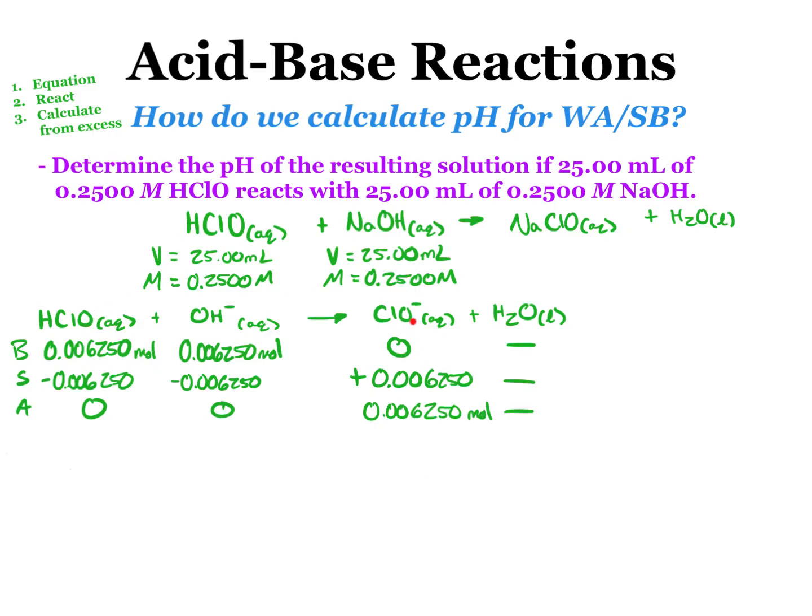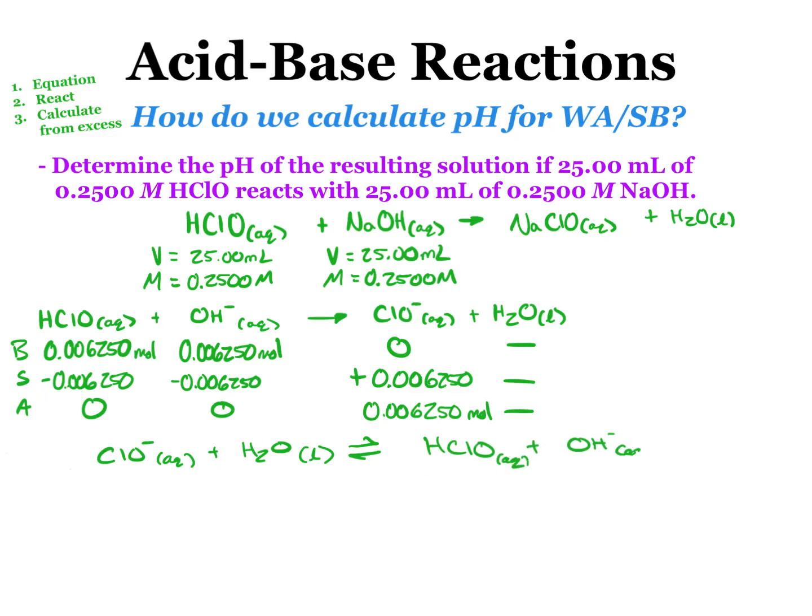Now, what kind of base is this if it's not one of your strongs? It's a weak base. So at the end of this reaction, I have the presence of a weak base in water, and we know that weak bases will react with water ever so slightly to create an equilibrium that looks like this.